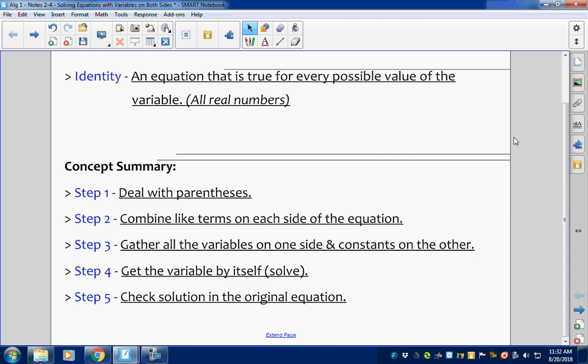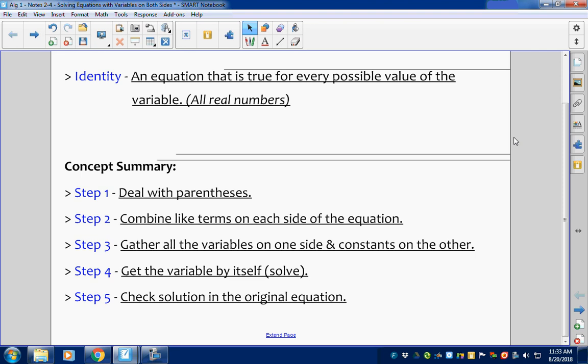And check. You can just write check. Check solution in the original equation. You don't want to check it at any other point because you might have made a mistake at one of those other points. But in the very beginning equation, plug your number in there. I've said some of them, just a mental check. Some of them we should probably plug it in. On your skill test, it would be a good idea to do that, maybe ask to do that and show your work.